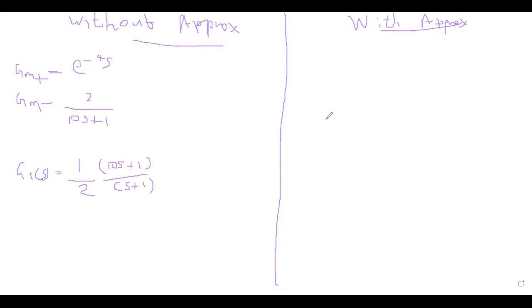We get the same things with the approximation. We get GM plus. Now in this case, you can't have an exponential here using the approximation. GM plus is equal to 1 minus 2s. GM minus is equal to, I think, 2 over 10s plus 1 times 1 plus 2s, right?